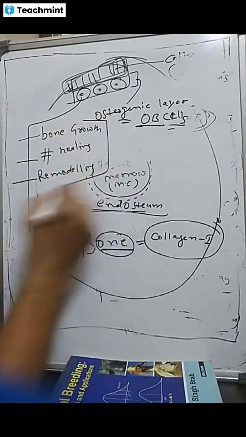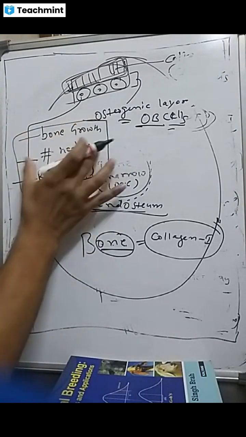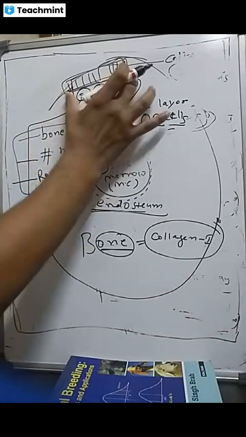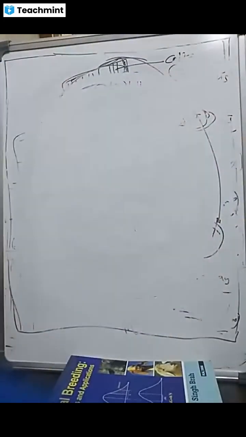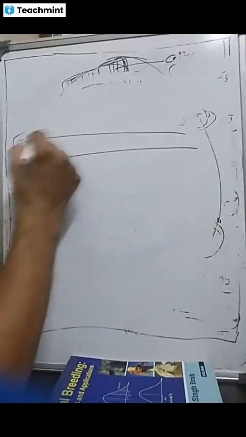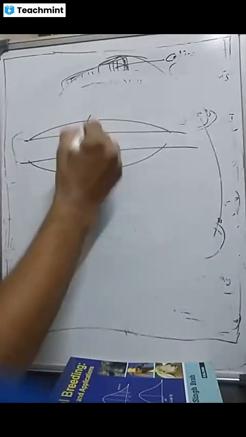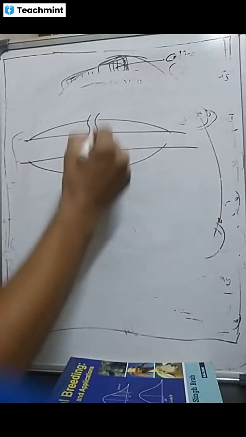So these are the three roles of this layer. In case of fracture healing, suppose this is the bone, this is the periosteum, and there is a fracture.